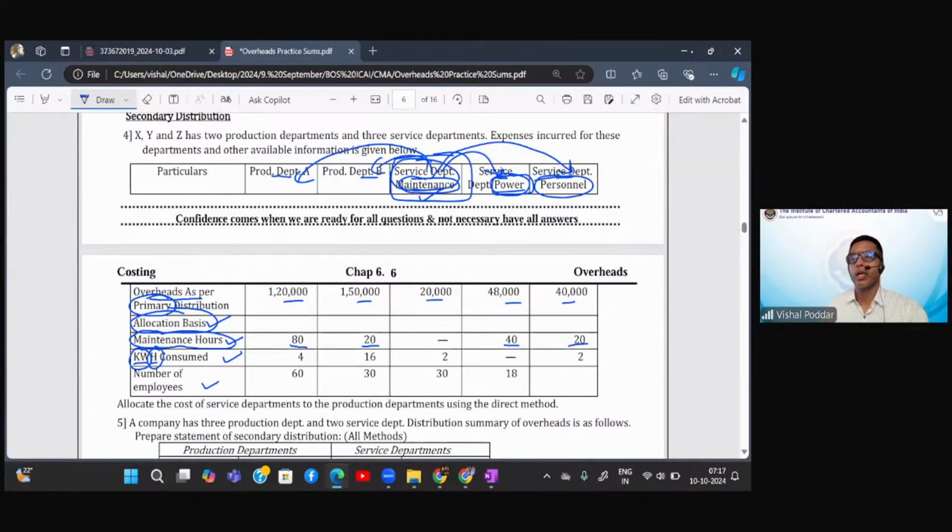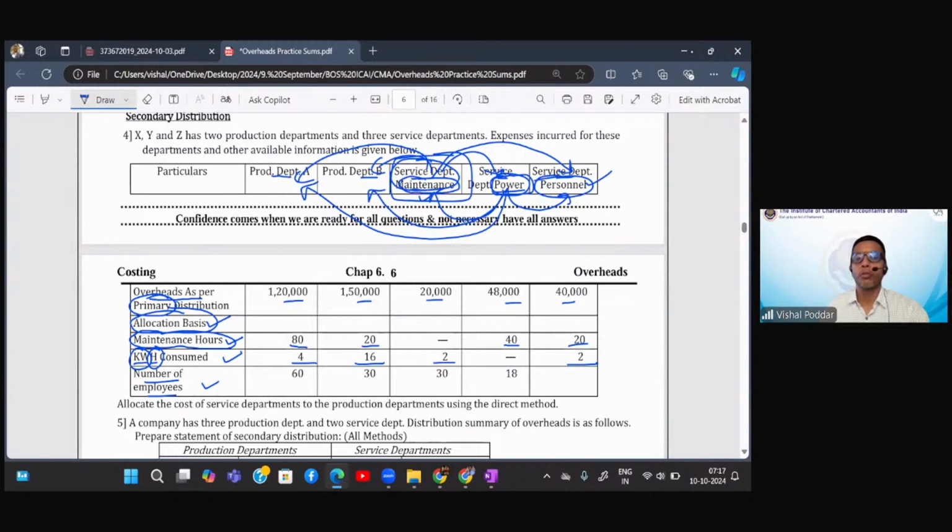Now they have given how many machine hours each department is consuming. So this will be the basis for distributing power. Now power is used by all the other departments. So again, this service department is providing power to all production departments and also to the other service departments.